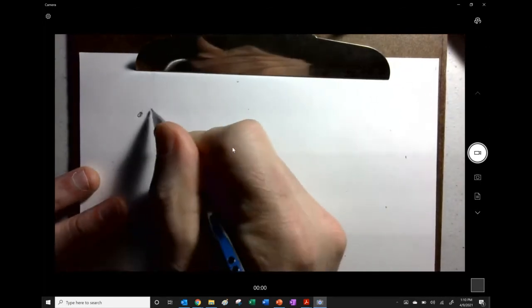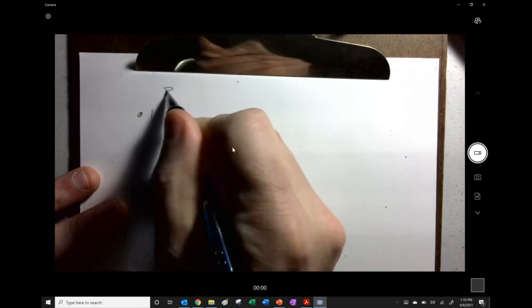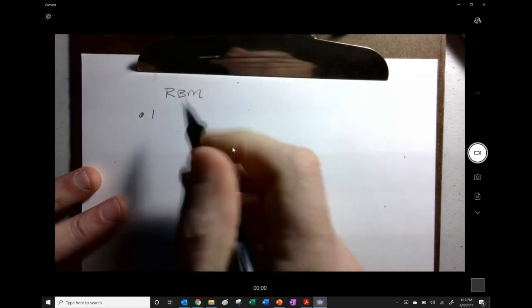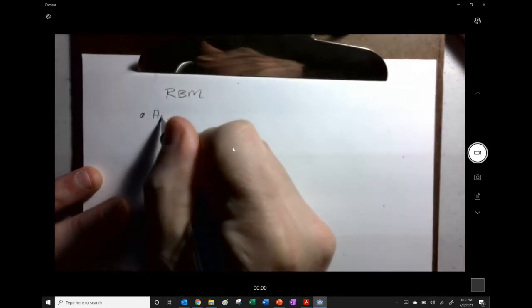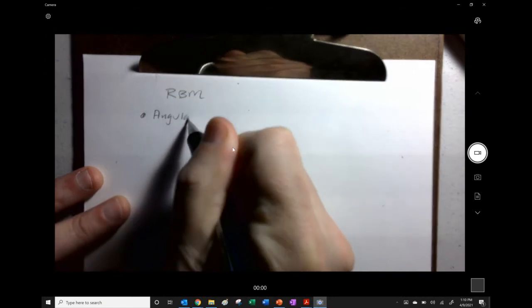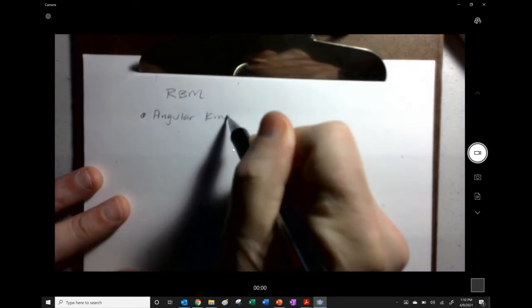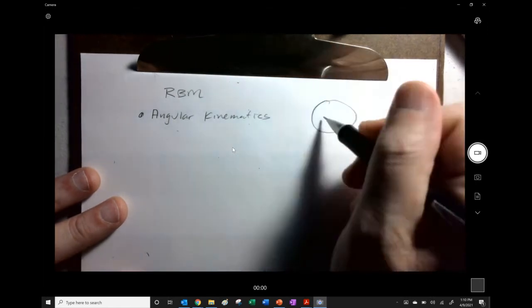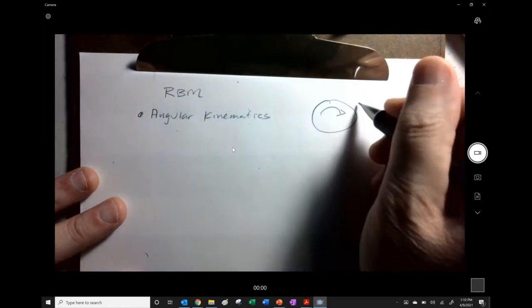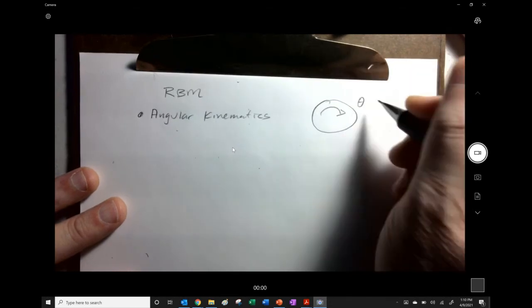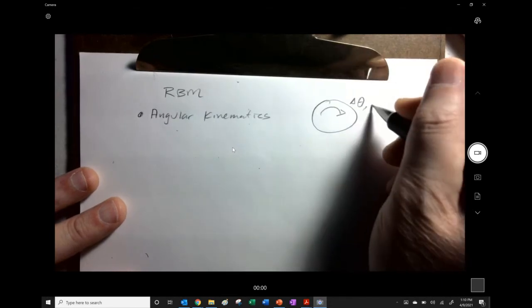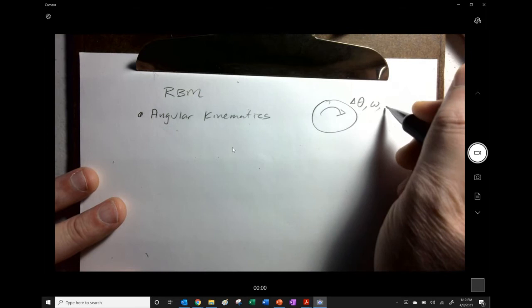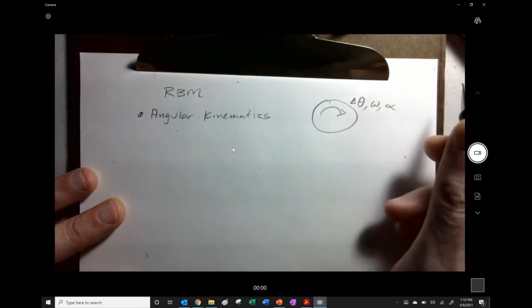So we started out saying that these are all rigid body mechanics, so I can just write that at the top. Rigid body mechanics. And we had angular kinematics. Those were like something is spinning a certain amount, so we might know the delta theta, or we might want to know the angular velocity, or we might know the angular acceleration.